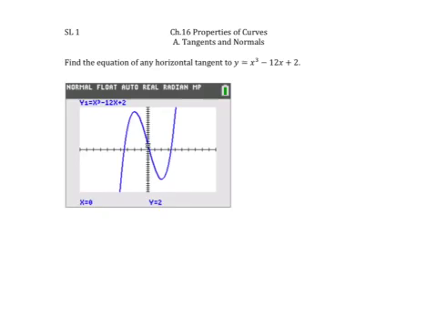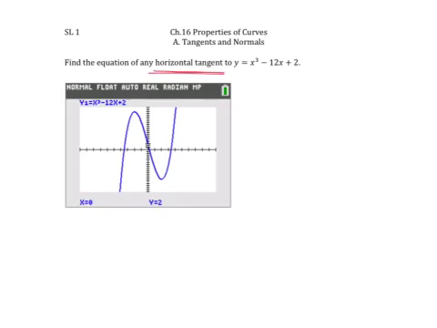So now let's find the equation of any horizontal tangent to y is equal to x cubed minus 12x plus 2. I've used my graphing calculator to graph this function, and we're talking about a horizontal tangent. Horizontal tangents are the lines that run left to right.